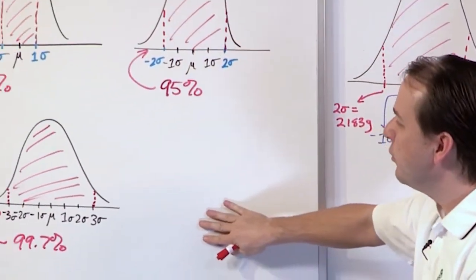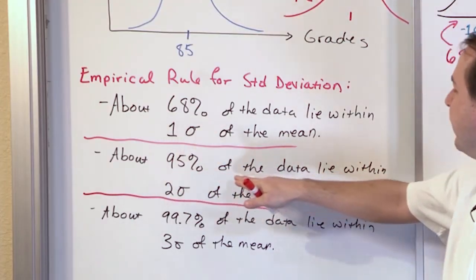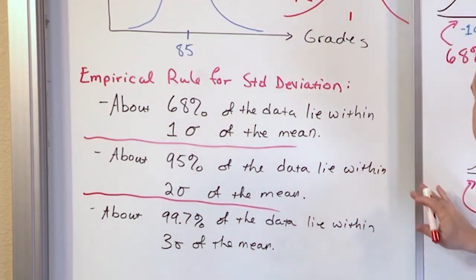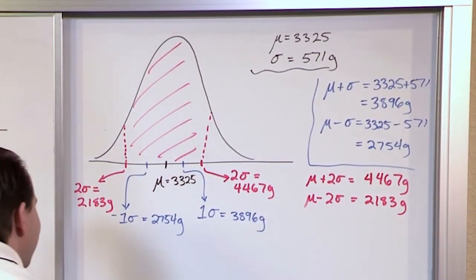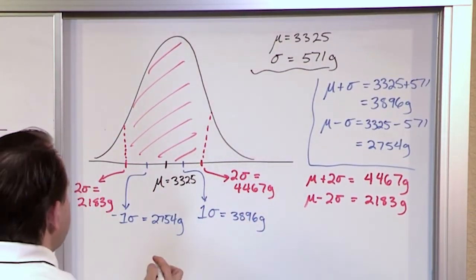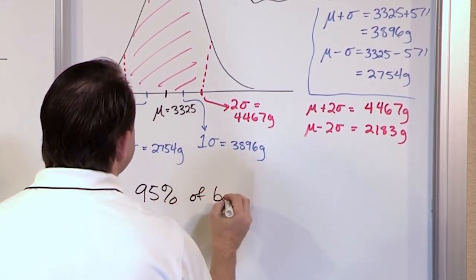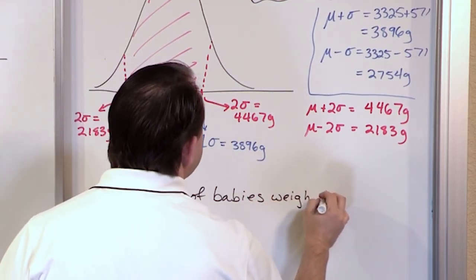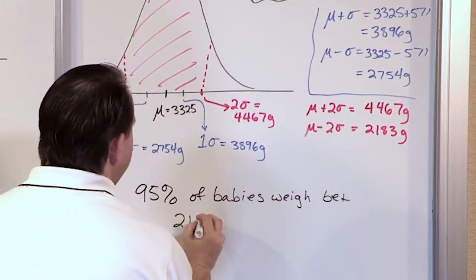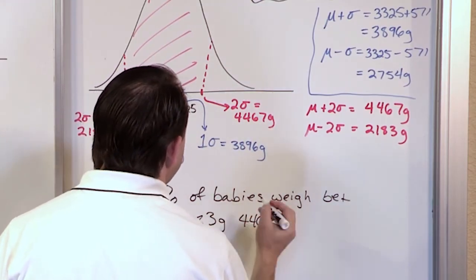So I go back to my empirical rule, and it says right here, about 95% of the data lies within 2 sigma of the mean. So because the boundaries that we're asked about are exactly 2 sigma, then we know that 95% of babies weigh or have a mass between 2183 grams and 4467 grams.